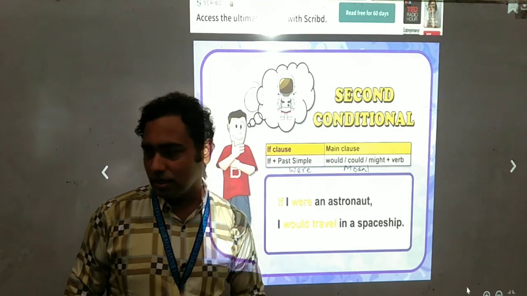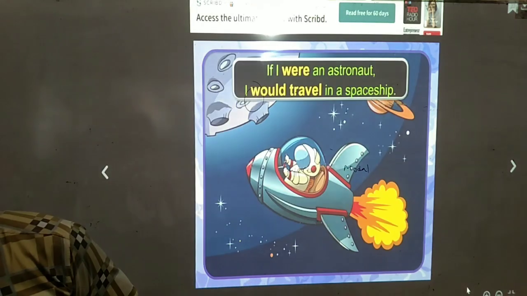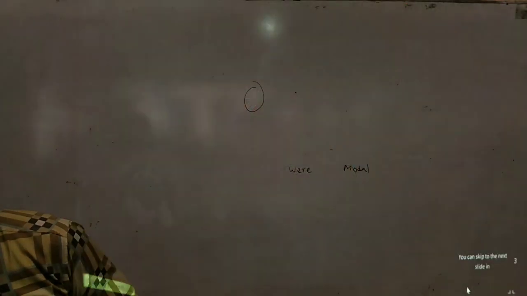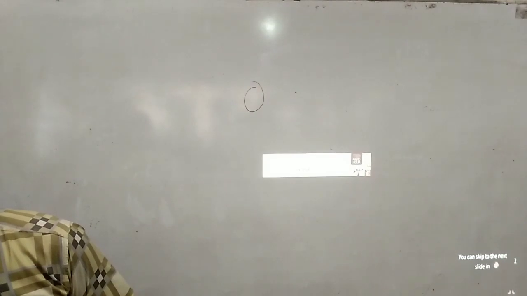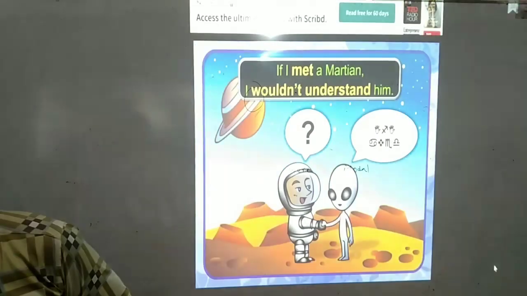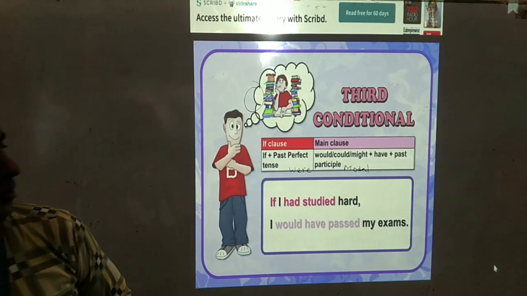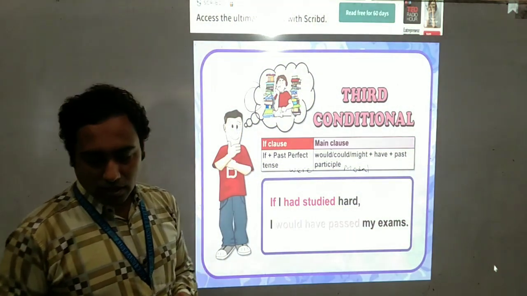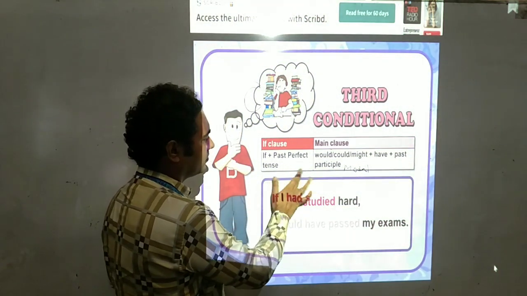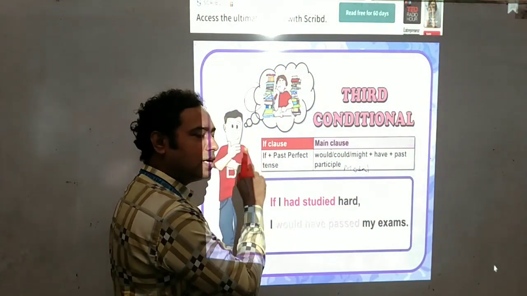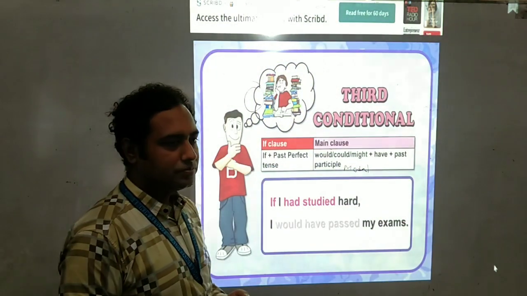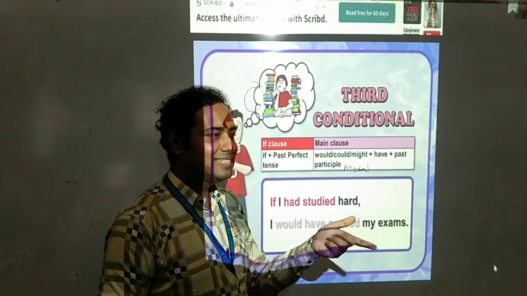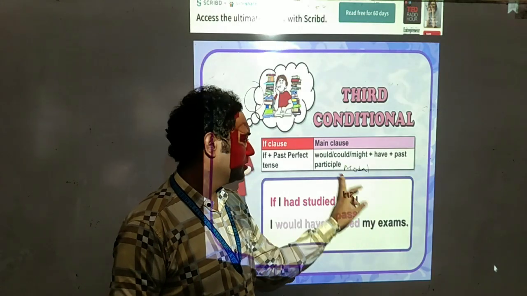This is the third condition and the last one. Past perfect tense, always past perfect. I had taken, she had gone, something like this.